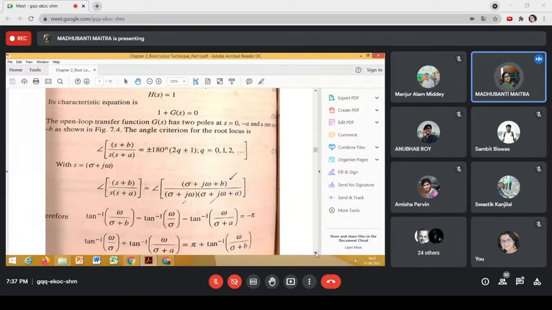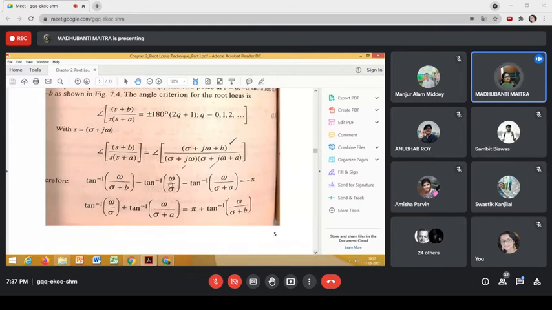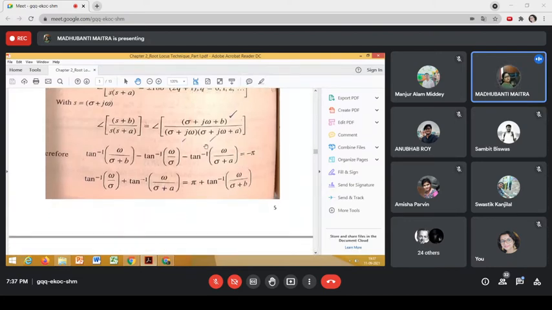So s is equal to sigma plus j omega. You substitute s by sigma plus j omega and find the angles. Since the zero is in the numerator, the angle contributed by the zero will be positive, and the angles contributed by all the poles will be negative. So the angle contribution of the zero will be tan inverse omega by sigma plus b.